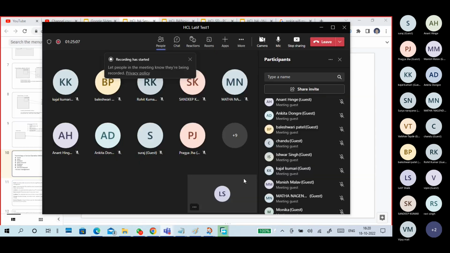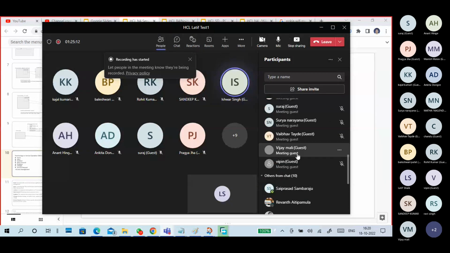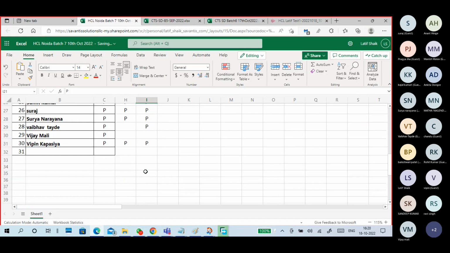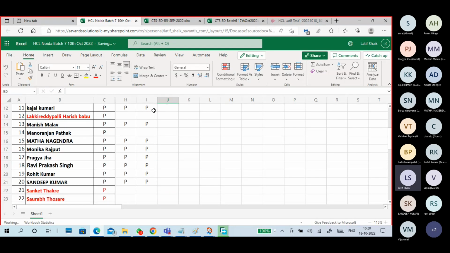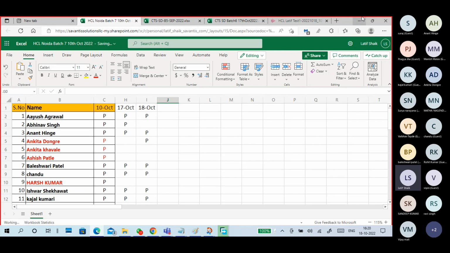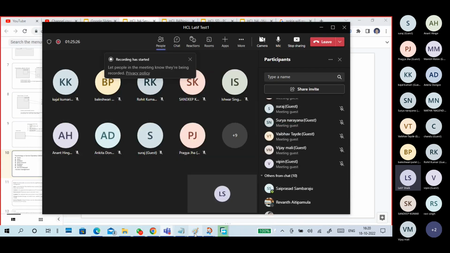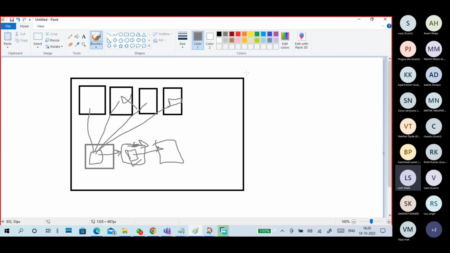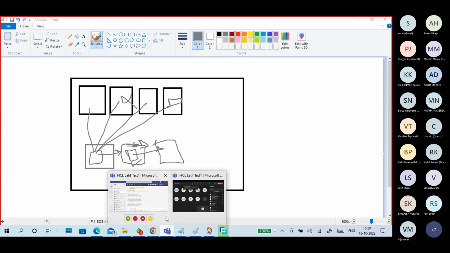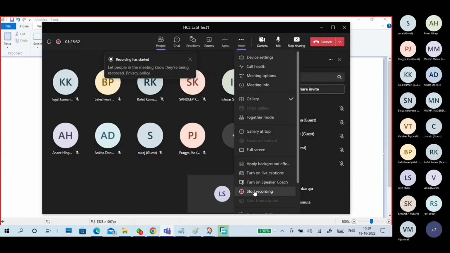Both are king. Yeah, sir, sorry for the late joining, my Wi-Fi was disconnected. And Vijay Mali. So it looks like full attendance, but very few people. No problem. After the break, compulsory return. Guys, come back. Stop recording.